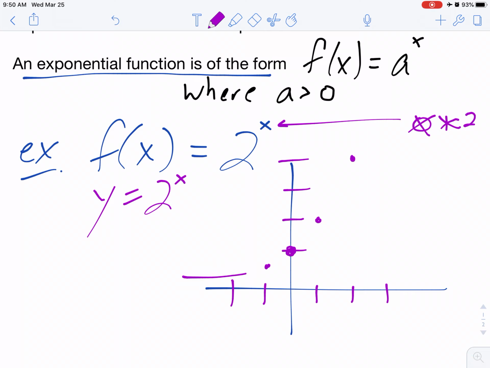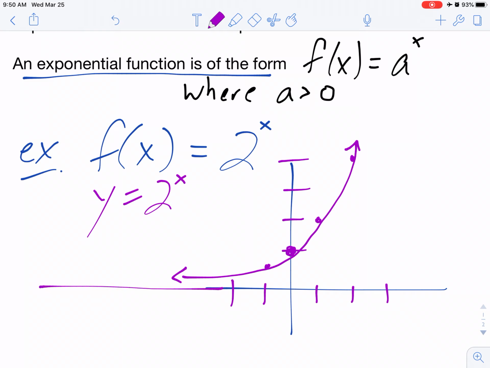So what happens with this type of graph is it curves up or down. I mean, we could graph one that curves down, but for this really simple example, this is an exponential function that's curving up and to the right. You'll notice that it never actually gets down to 0.